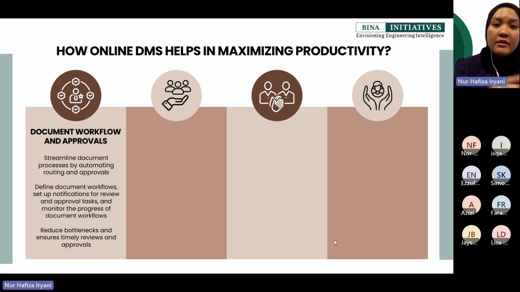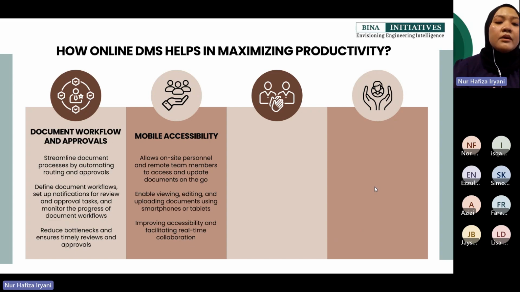Okay, you have a maximum of 3 days to approve this, and then they will send a reminder, hello, you have not approved this yet, please approve, like that. And then they can monitor the progress of the document workflow. This is very beneficial to your boss because he can see who did not do the work. Of course, this can reduce bottlenecks and ensure timely reviews and approvals.